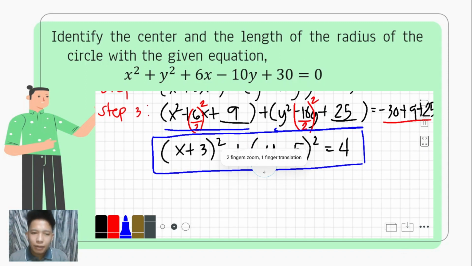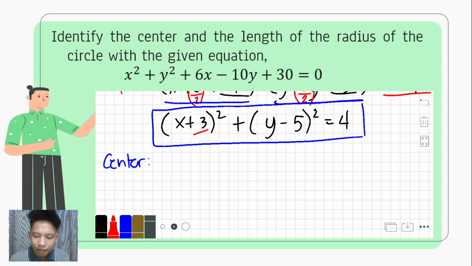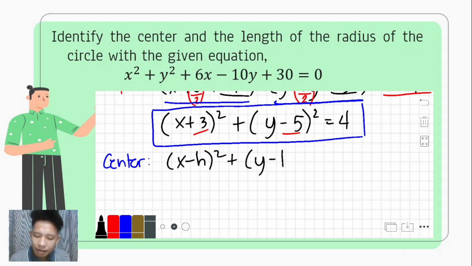But then, the question here is for us to identify the center and the length of the radius. So for us to do that, the center of the circle can be identified using these values. We all know that the standard form of the equation of the circle is x minus h squared plus y minus k squared equals r squared.